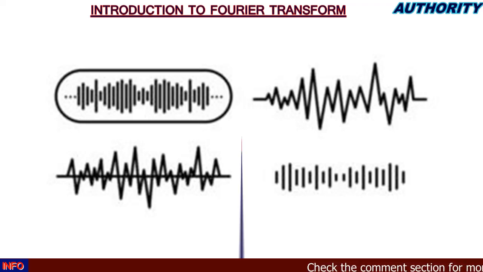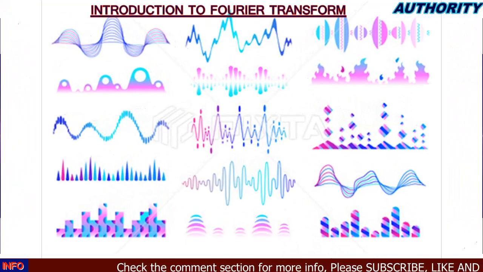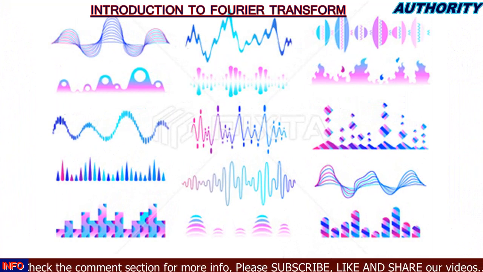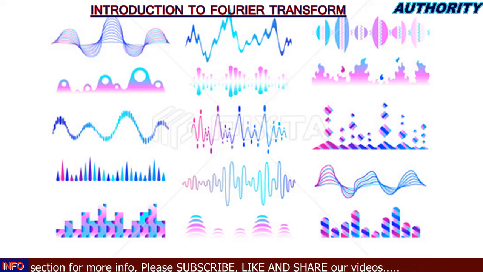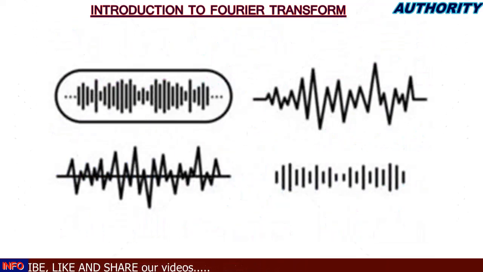When you listen to music, music is made up of different sounds and different notes. Is that true? Yes. Similarly, when you look at a picture, a picture is made up of different colors and patterns. Now, the Fourier transform helps us to break down these sounds and pictures into their hidden ingredients, just like the special glasses let you see the ingredients of a cake.